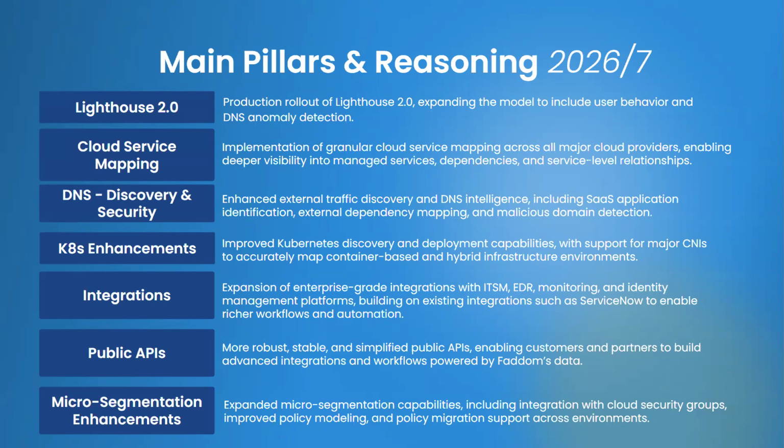We believe that this will help add more granularity to the dependency mapping, understanding not only the server layer and the VM and building applications based on that, but also what services we have and how they are communicating, the dependencies, the impact, and making sure you have full visibility, also for cloud personas.